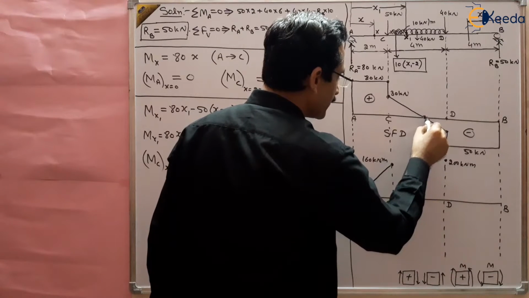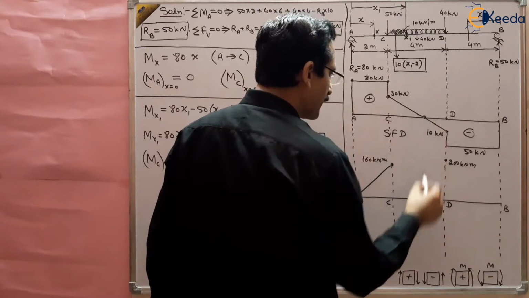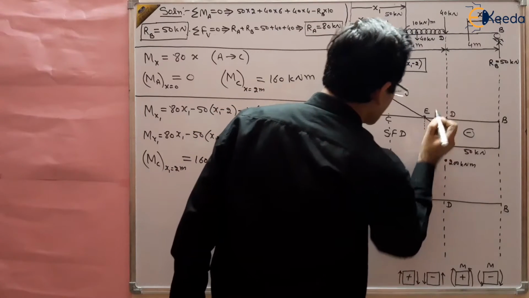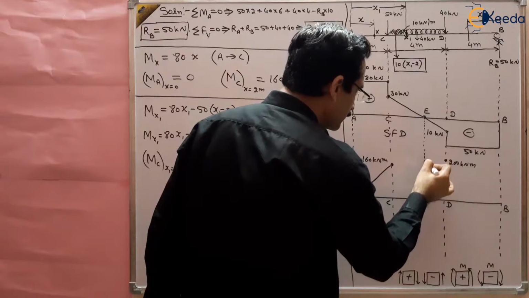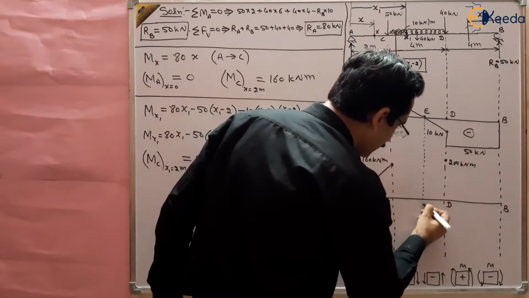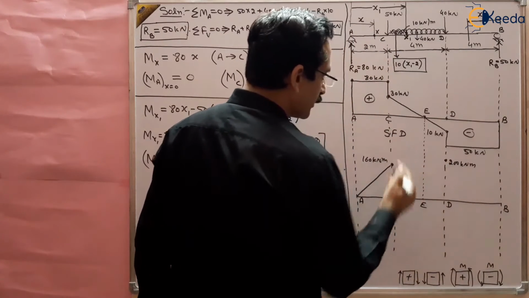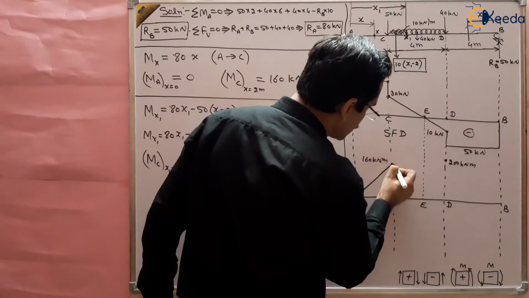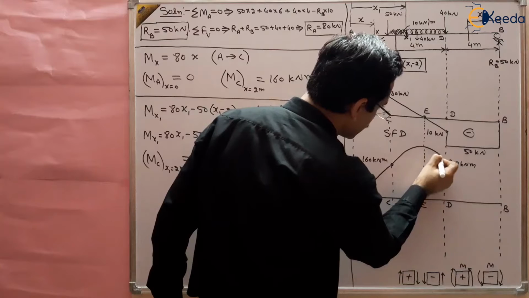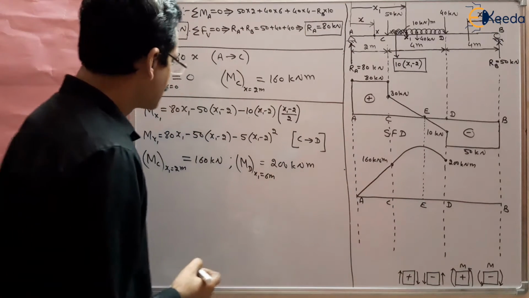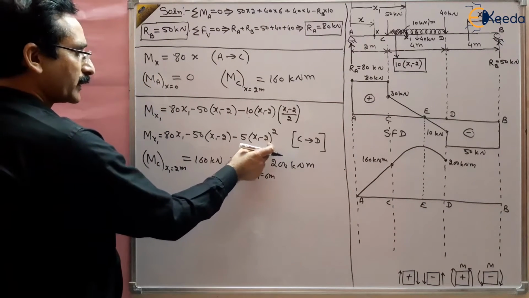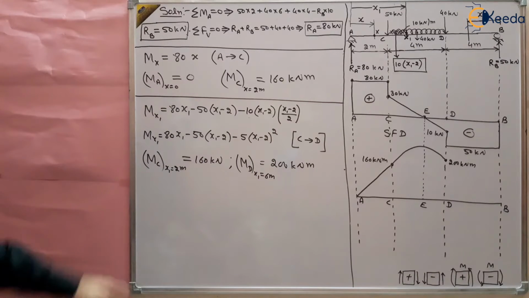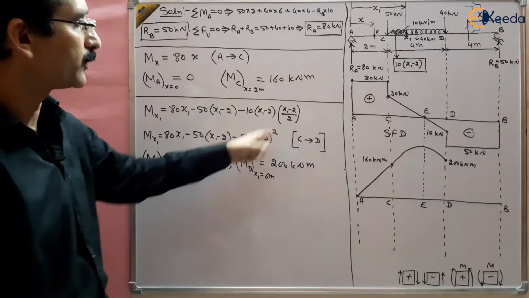You know that at the point where the shear force is 0, the bending moment is maximum. So say this is point E. At point E you will get the maximum bending moment. So you have to draw the diagram such that the peak comes here. And this is a parabolic curve, from a linear curve to a parabolic curve, right?